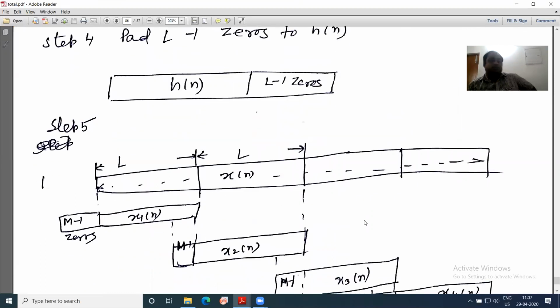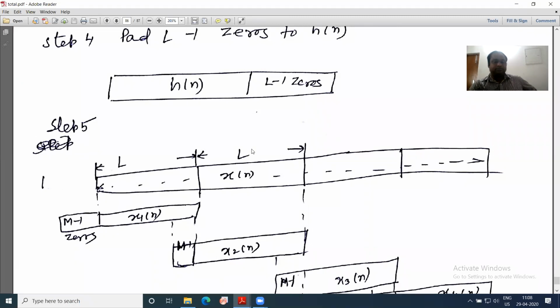In step 5 what you have to do, now total sequence xn you have divided into, say, 4 number of blocks. This block length is L, each block of xn.